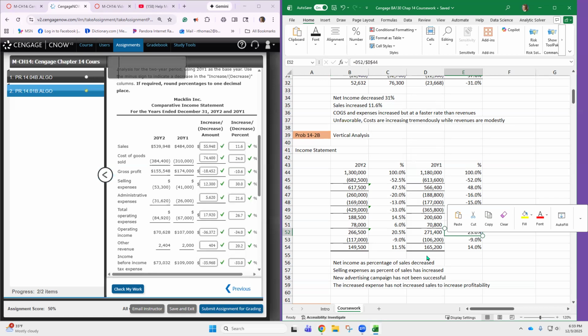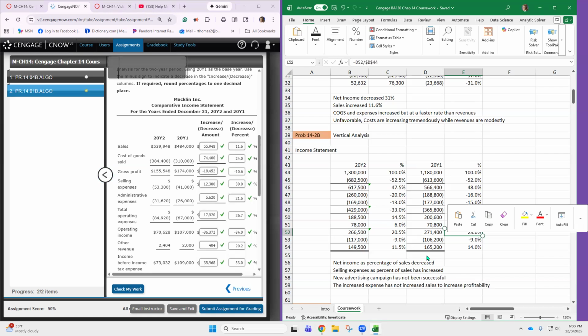So then each of these items here all get divided by the 1,300,000. That's vertically. So if you took a balance sheet and did it vertically, you would divide everything by total assets. Are we okay with that?